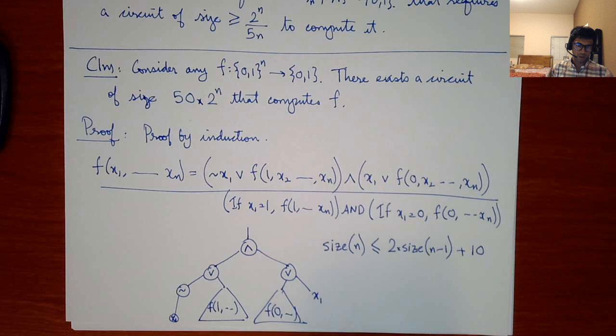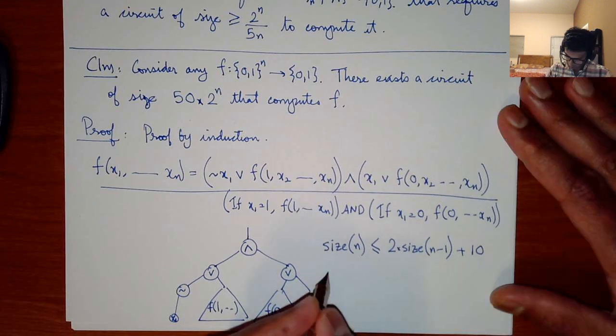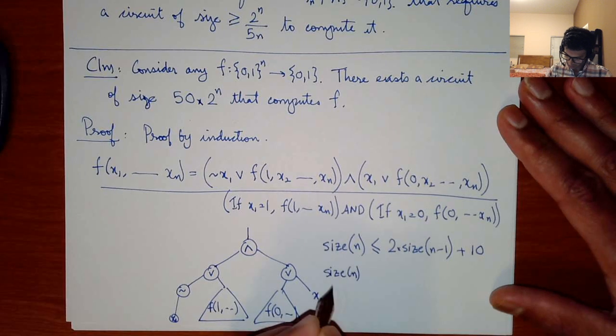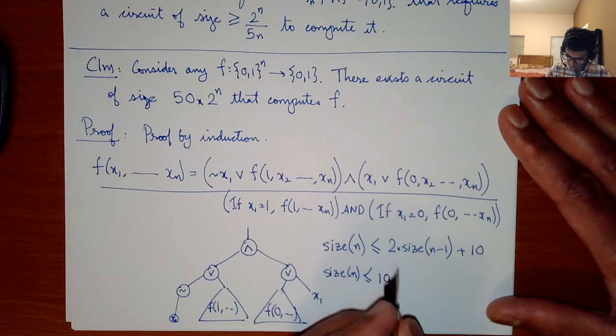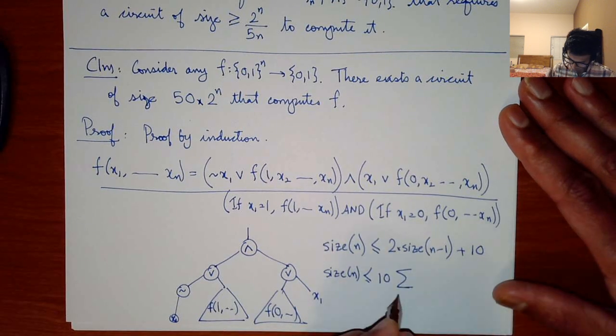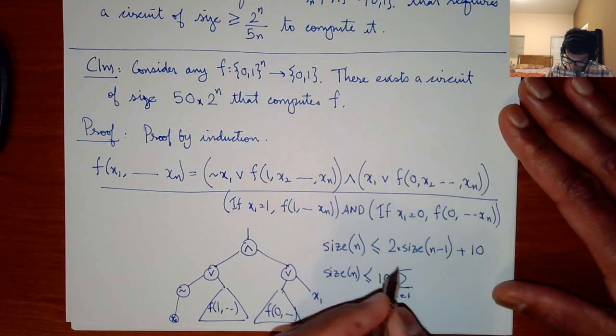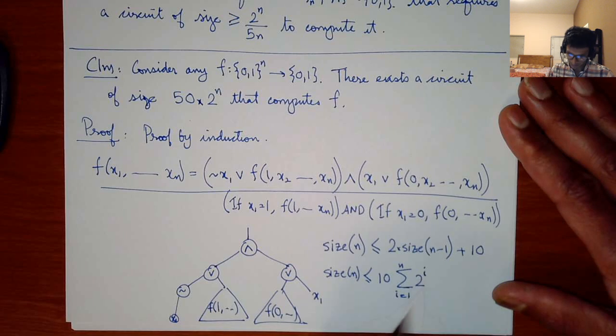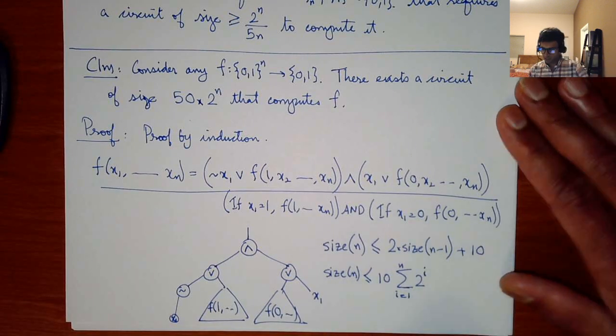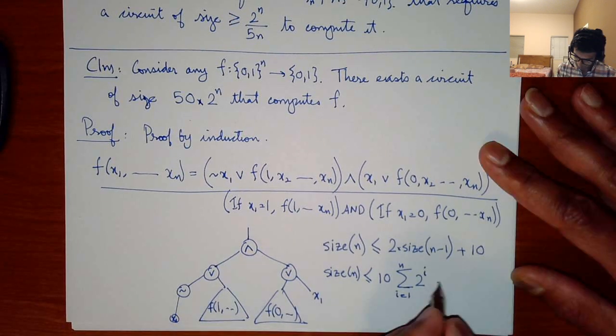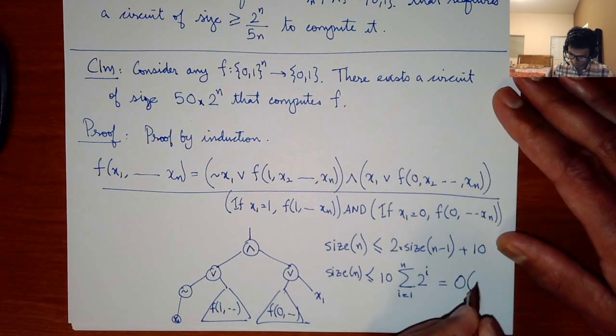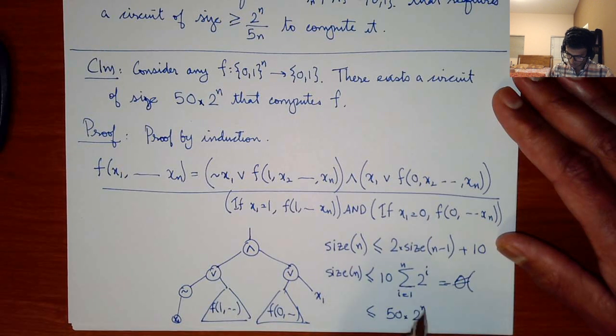So if you unroll this, and you can prove this by induction, you'll get that the size of n is at most 10 times the summation of i going from 1 to n of 2 to the i. This will give you at most 50 times 2 to the n.